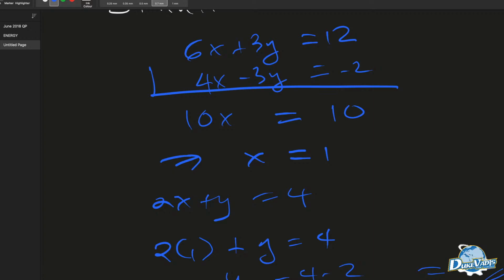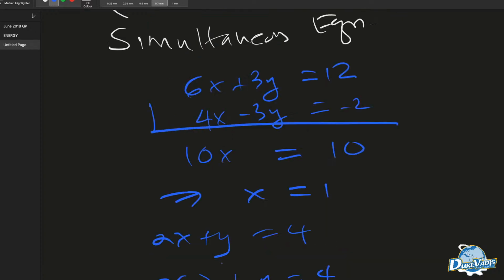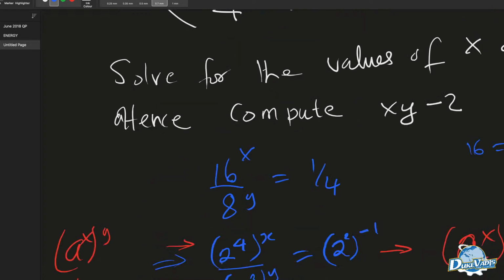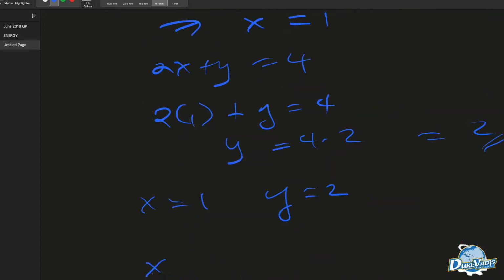So we now have the values: x equals 1 and y equals 2. The question says we should compute xy minus 2. That means we multiply 1 by 2, then subtract 2 from it, and that is 2 minus 2, which is equal to 0.